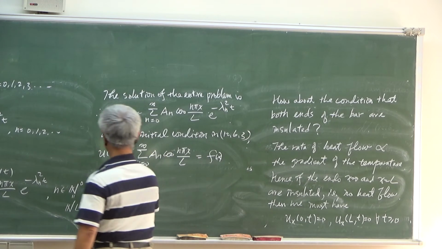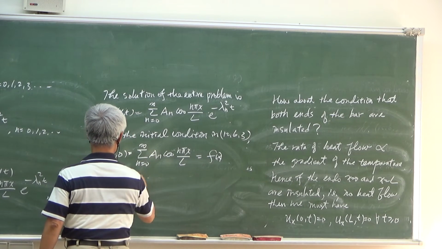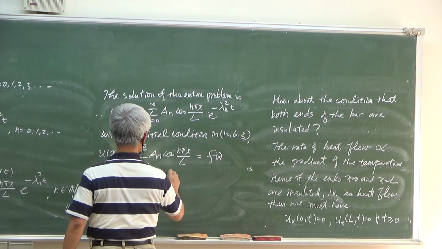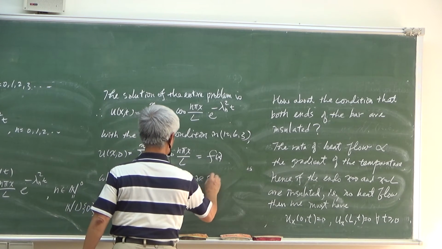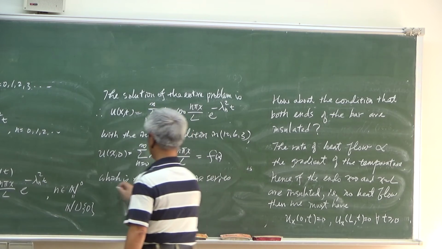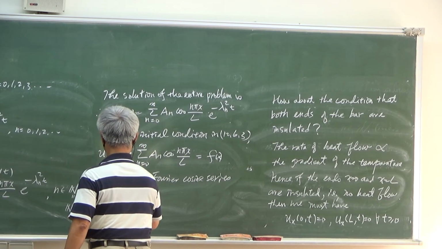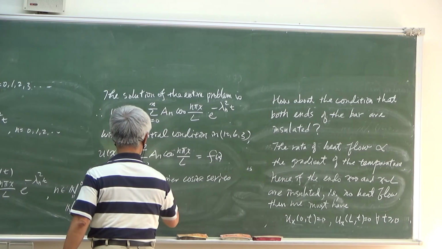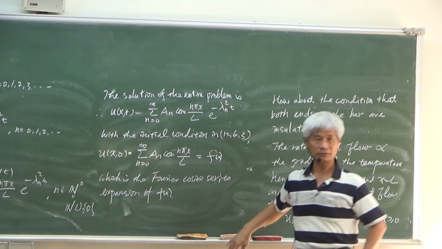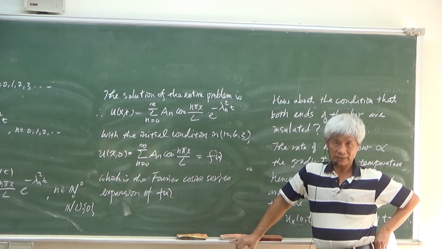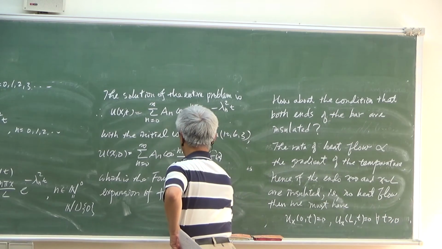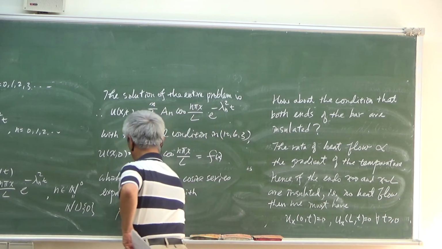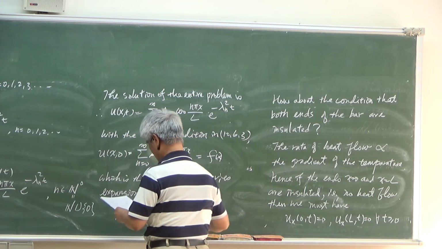Okay, so which is the Fourier cosine series expansion of f of x. So now we need the Fourier cosine series expansion, and we know A_n.